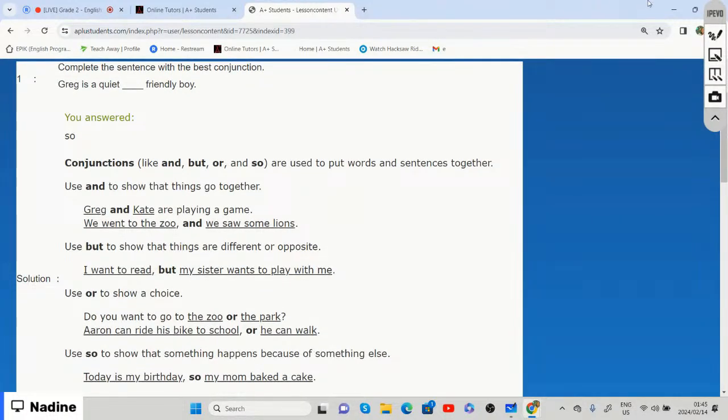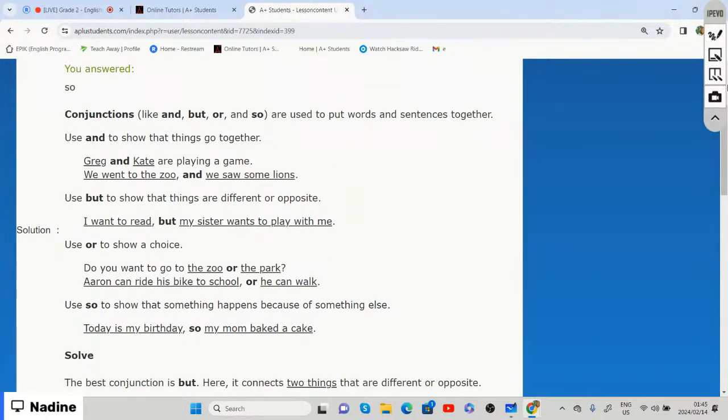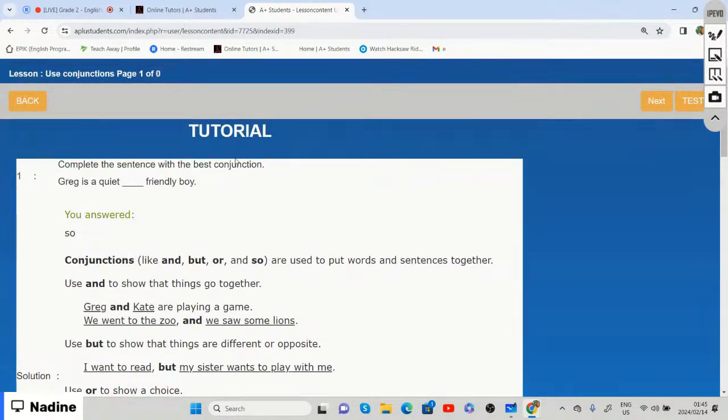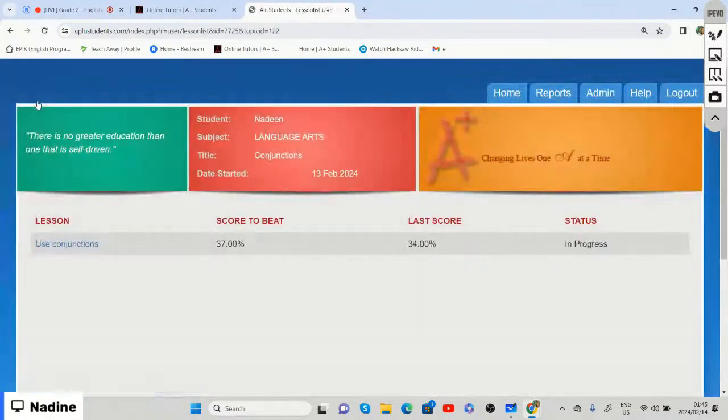And we use and to show that things go together. We use but to show that things are different or opposite. We use or to show a choice, and we use so to show that something happens because of something else. And that is our lesson on conjunctions.